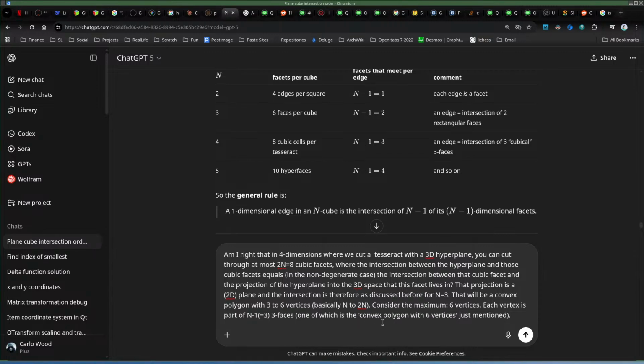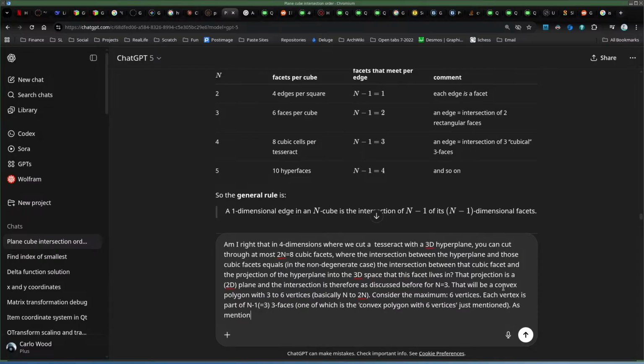So the question now is, how many convex polygons do we have? Right, that in 4 dimensions, where we cut a tesseract with a 3D hyperplane, you can cut through at most 2n, 8 cubic facets. So as mentioned before, 2n is 8 cubic facets at most.